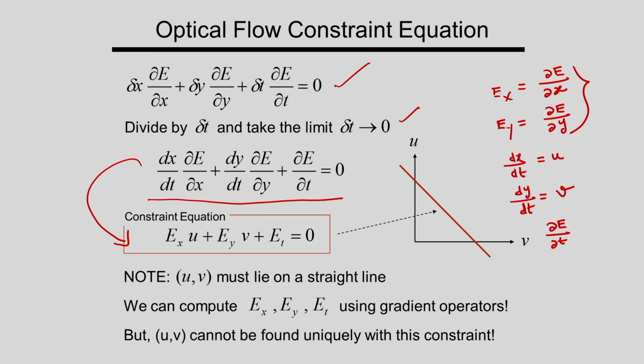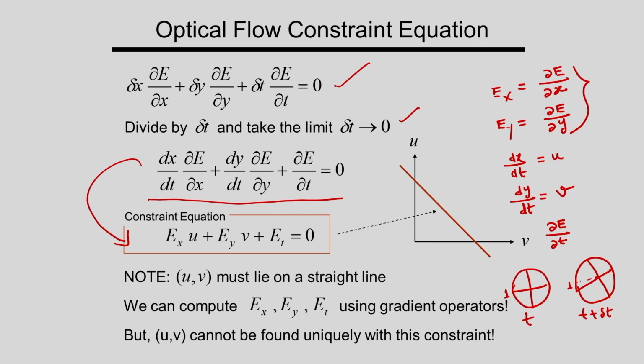The brightness is changing with respect to time, because as already explained, suppose this object is moving like this at time t and at time t plus delta t. You can see the brightness at this point, suppose 1 and 1, it will be changing. So the change of the brightness with respect to time is delta E divided by delta t. So I will be getting this equation.